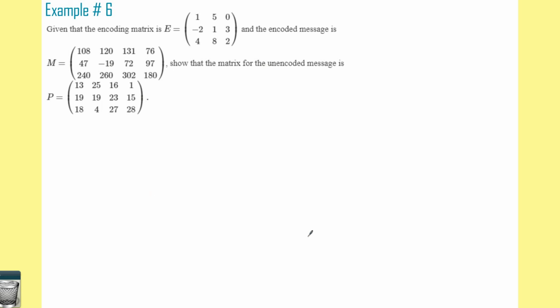Okay, so when it comes to encoding messages, the formula they had was E times P equals M. So what that means is we've got our encoding matrix times our uncoded message is going to get us our encoded message.